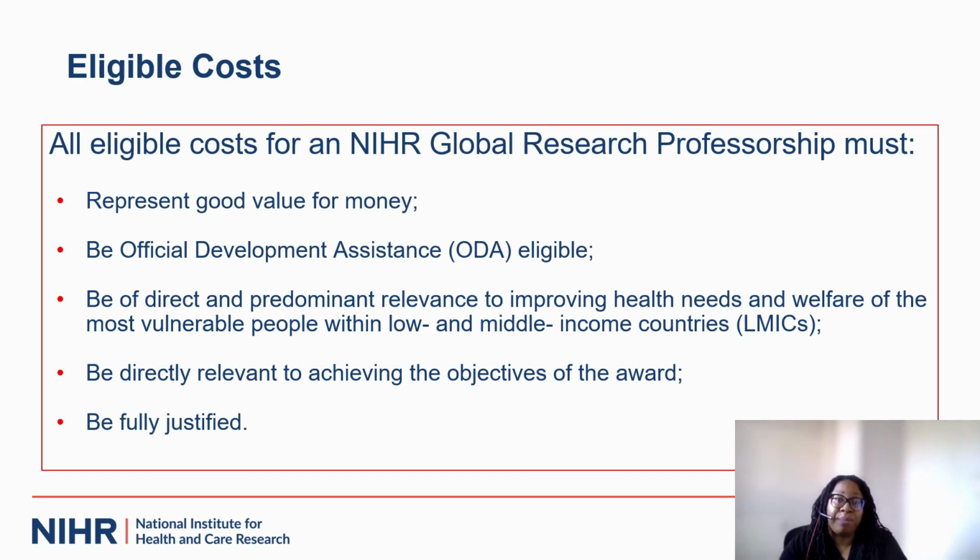We must be able to see the direct relevance of the costs to achieving the objectives of the award, and then there are sections within the application where you need to provide the justifications for the costs that you put in.